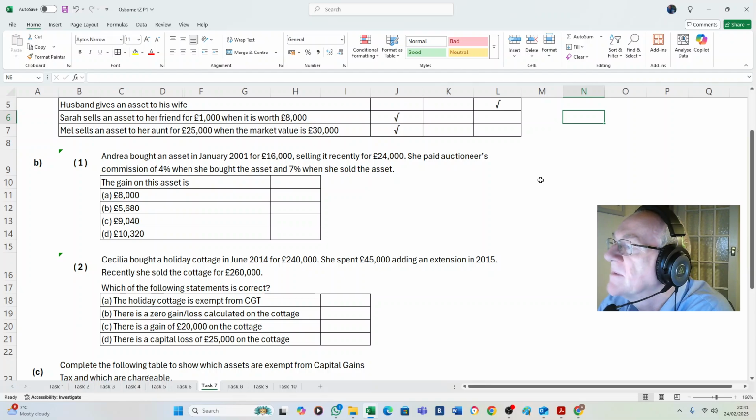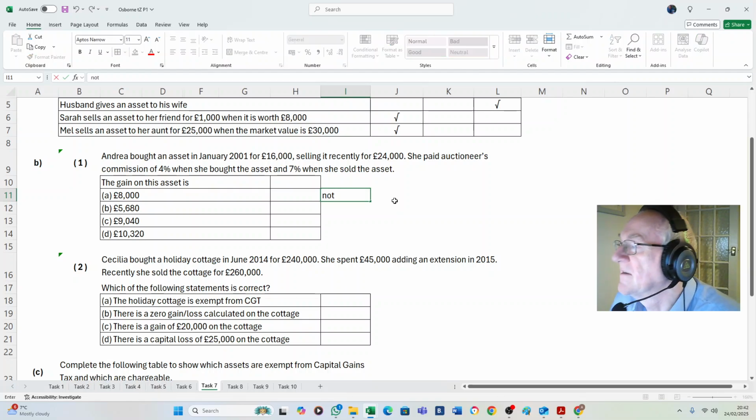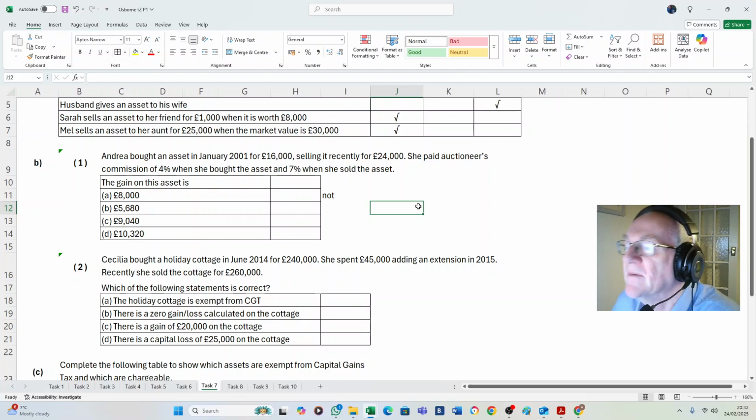Oh no, hang on, 4% when she bought the asset, and 7% when she sold the asset. These numbers include all the common errors that you can make. Without the 4% and the 7%, that would be 8,000, so we can definitely not choose that, because it has neither the 7% nor the 4% involved.